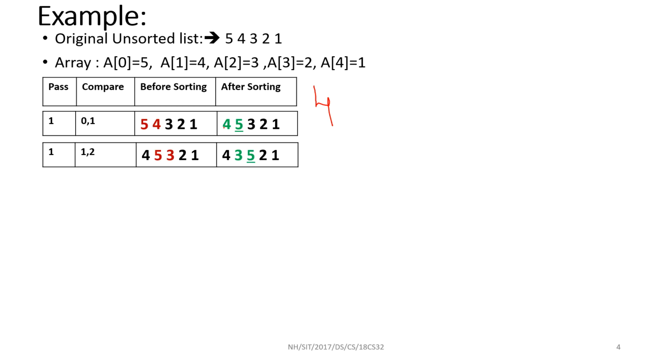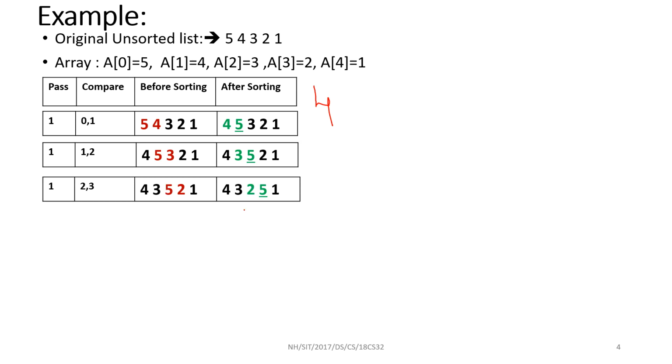In the second comparison, the second element and third element are compared, 5 and 3. 5 is bigger, so we have to move. In the third comparison, 5 and 2 are compared. 5 is bigger, so they have to be interchanged. 5 will go to the next place. It bubbles: the bigger one goes to the required place, to the right side here.